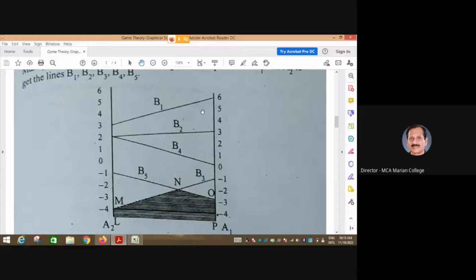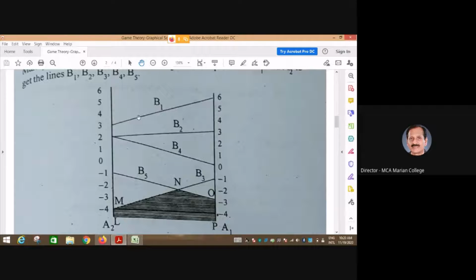Now consider the first case. That means the strategy of player Y, that is B1, or the first strategy. The values are 6 and 3. So on A1 it is 6 and A2 it is 3.